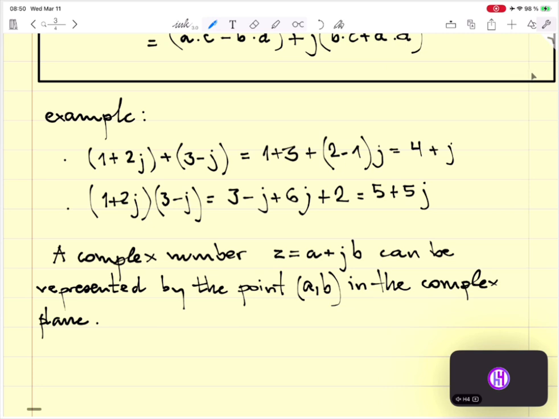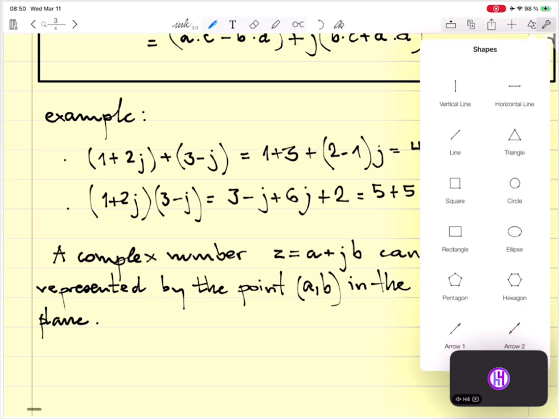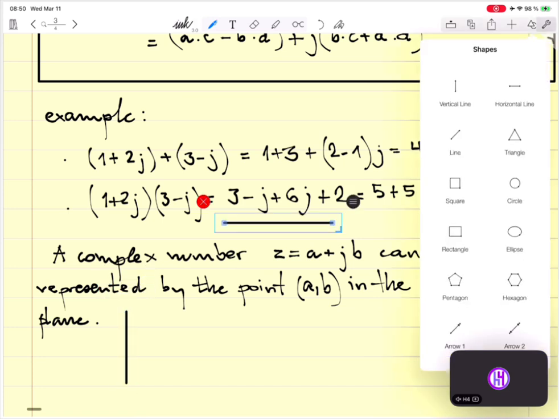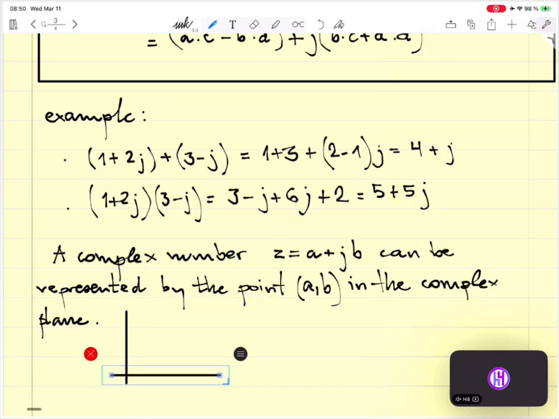Okay, so the complex plane is what we just saw intuitively. Real and imaginary.